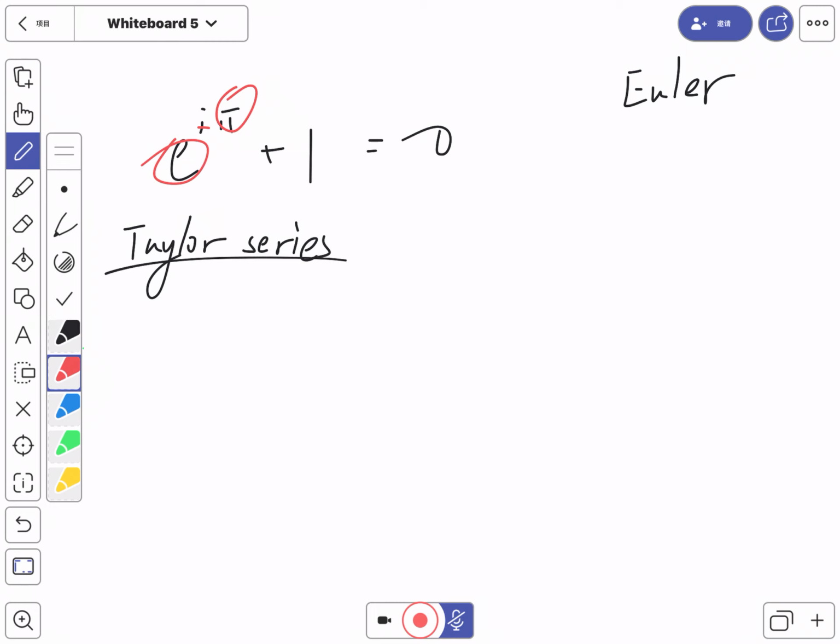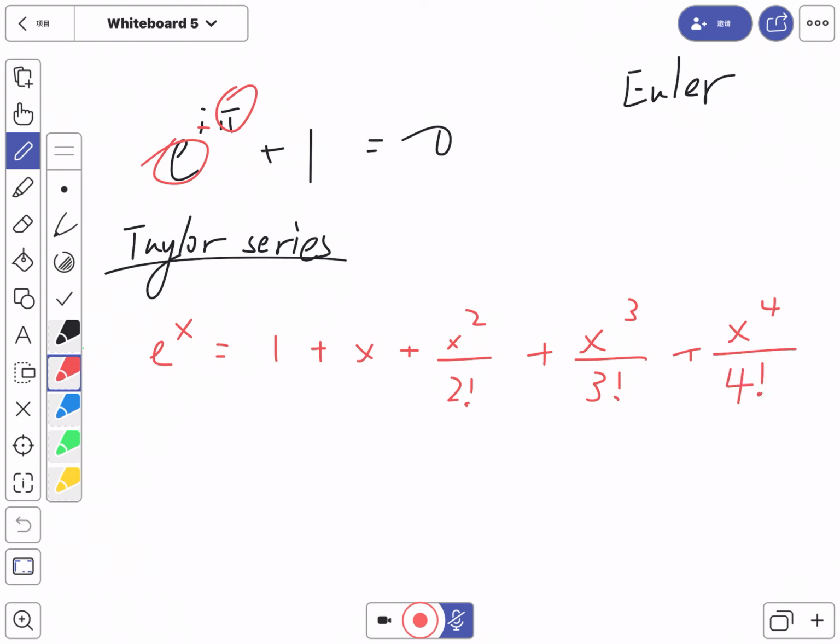Taylor series states that e to the x is equal to 1 plus x plus x squared over 2 factorial, plus x cubed over 3 factorial, plus x to the 4th over 4 factorial, plus dot dot dot.